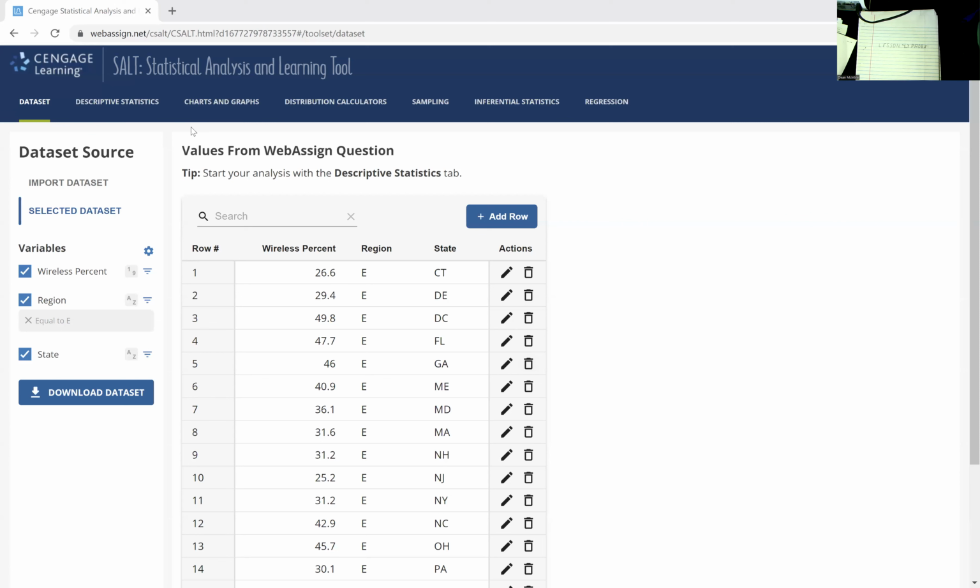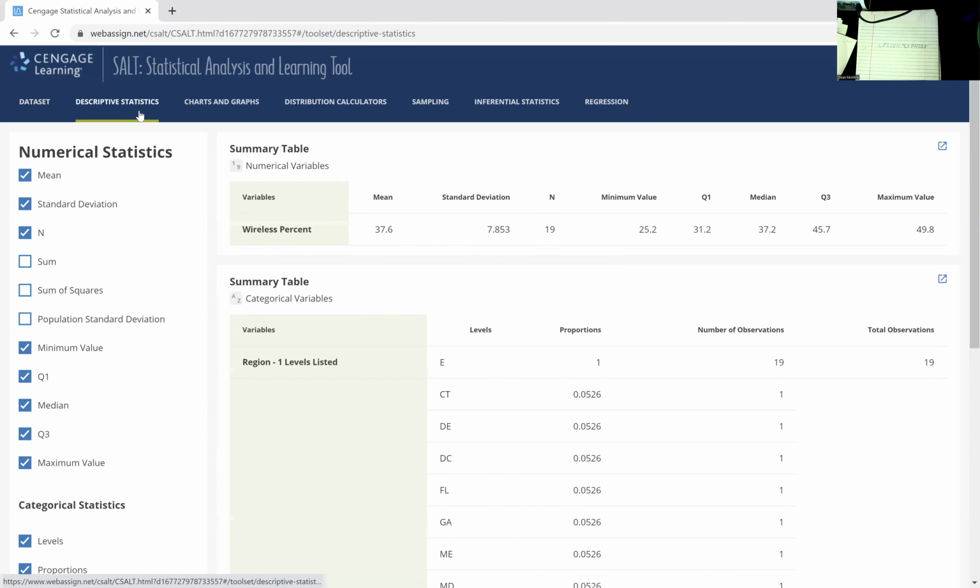Okay, so I do the descriptive statistics. The mean is 37.6. The minimum is 25.2. Q1 is 31.2.